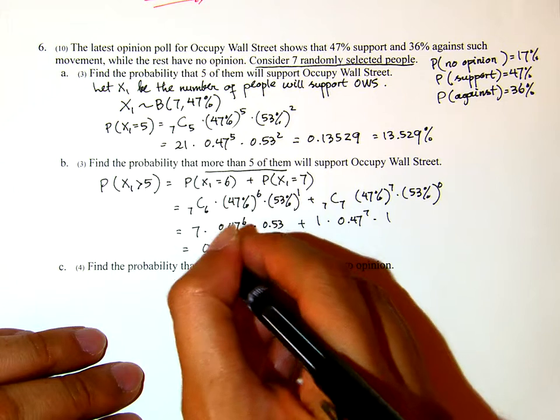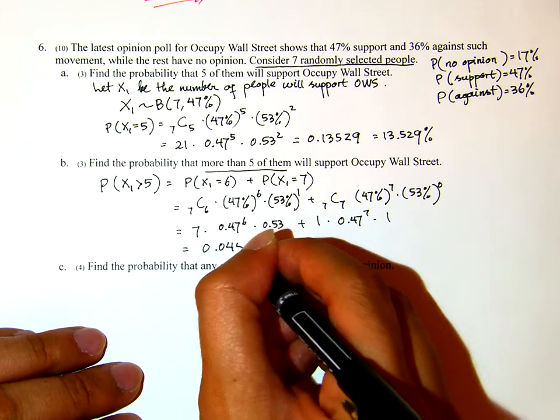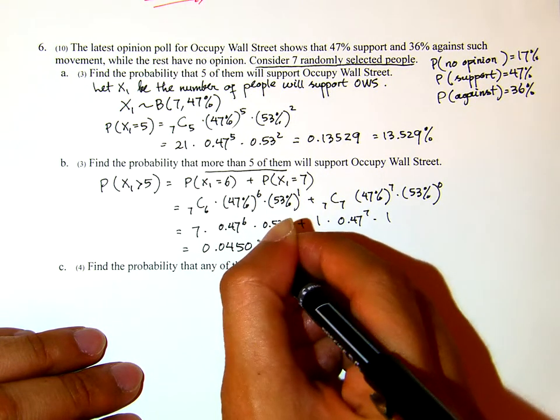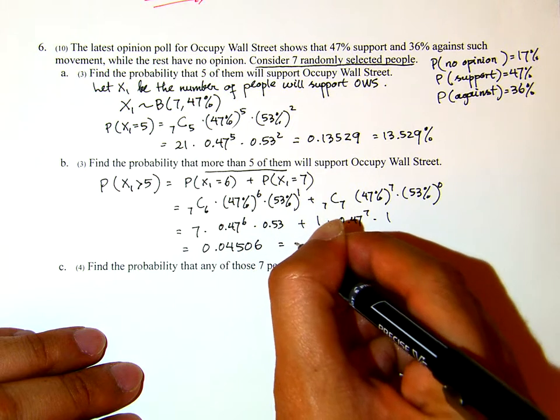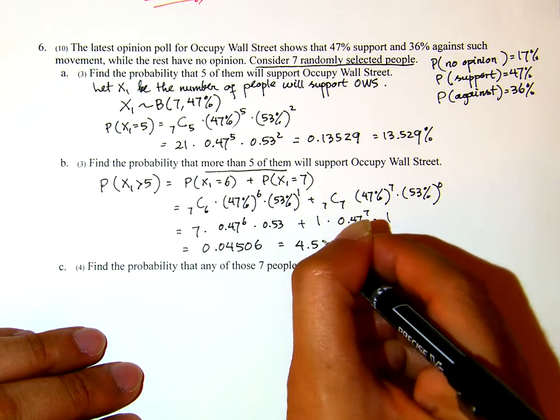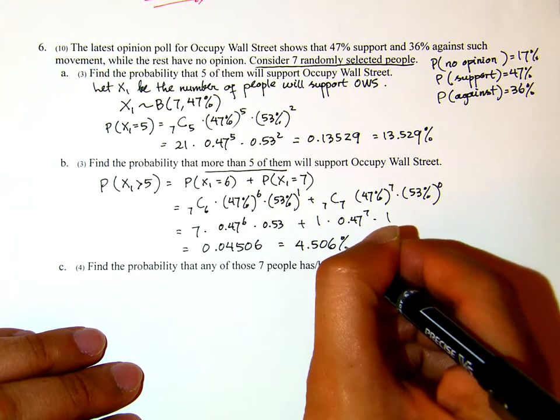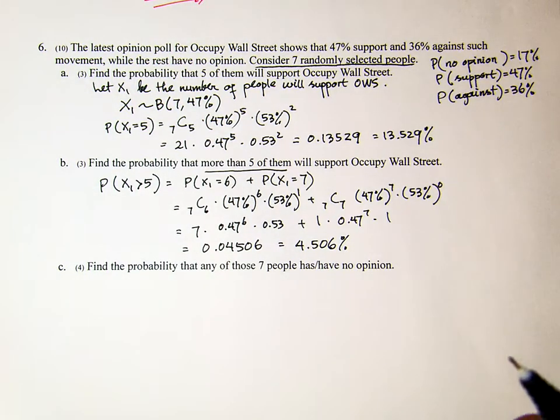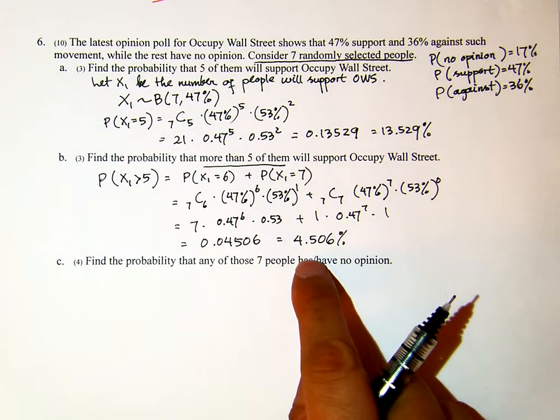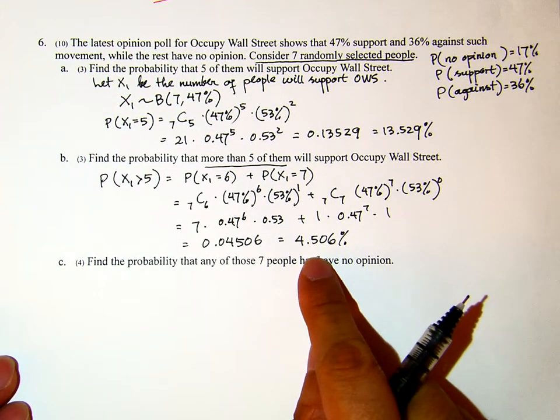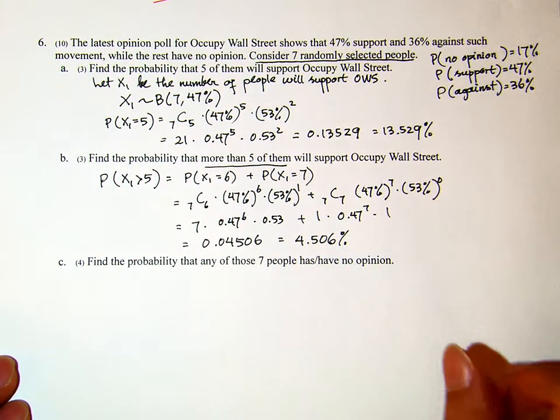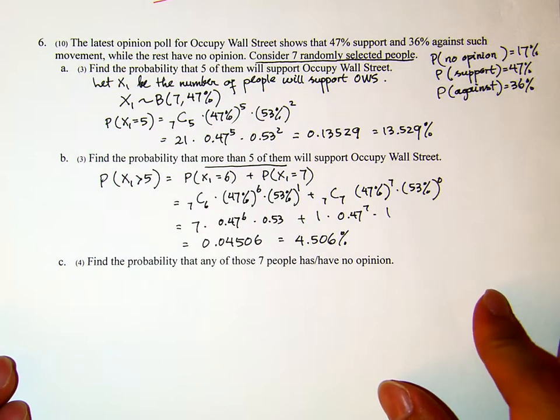This is what I get, 0.04506, or approximately 4.506%. So out of 7 people, if you have 6 or even 7 supporting it, that is a very unlikely event. Now this is part B. Now let's see part C.